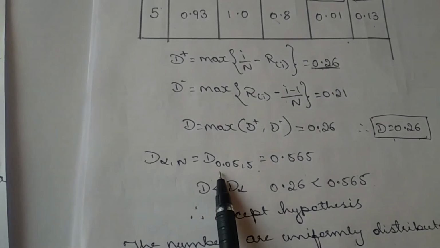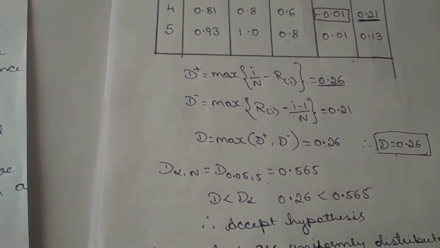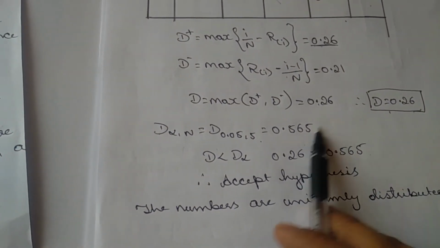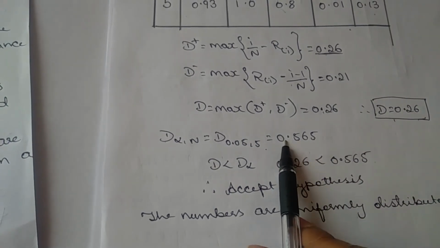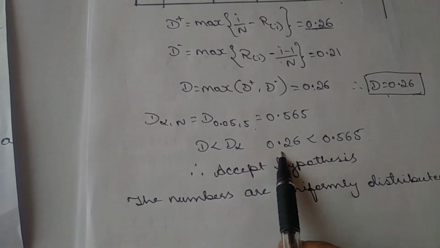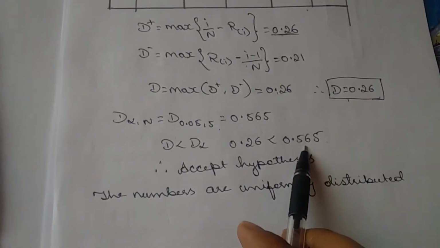Now come here. See, D alpha comma N, that is 0.05 comma 5, is 0.565 from the table. Already we have got this also. Then now you have to find out whether D is greater than this D alpha or less than the D alpha. See, 0.26 is our value. 0.26 is less than your D alpha value.